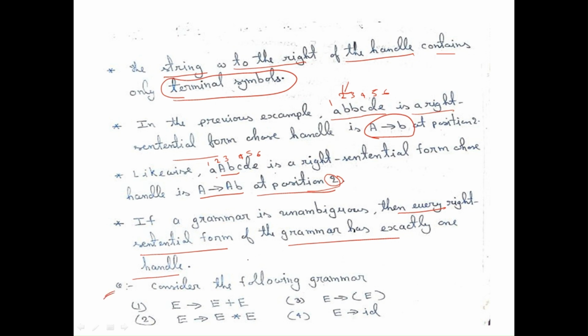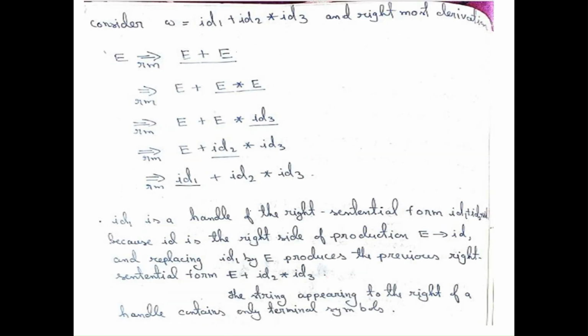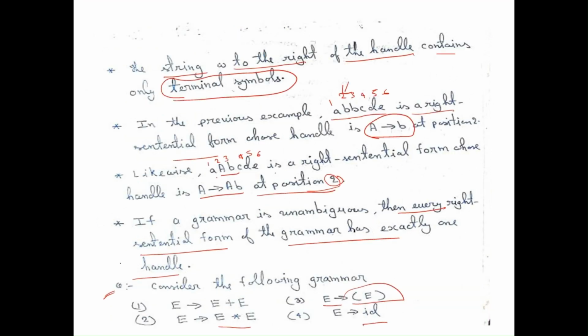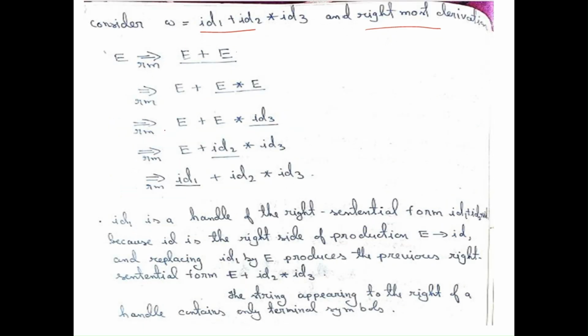Consider the grammar. E is rewritten as E plus E. E is rewritten as E multiplied by E. E is rewritten as E in parentheses, and E is rewritten as ID. Now we have this string at hand, ID1 plus ID2 into ID3, and we are going to derive it in rightmost derivation. So E is rewritten as E plus E. We have used production 1.